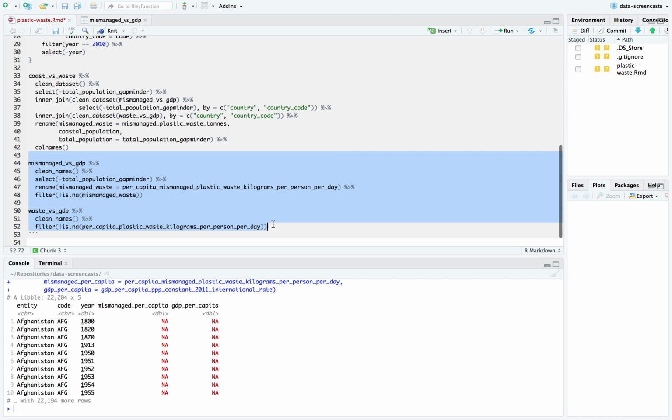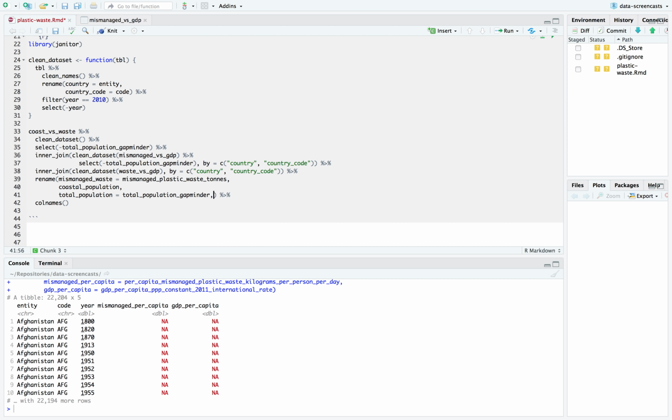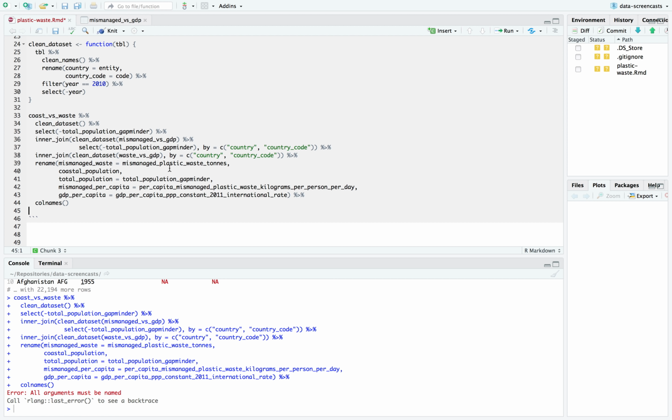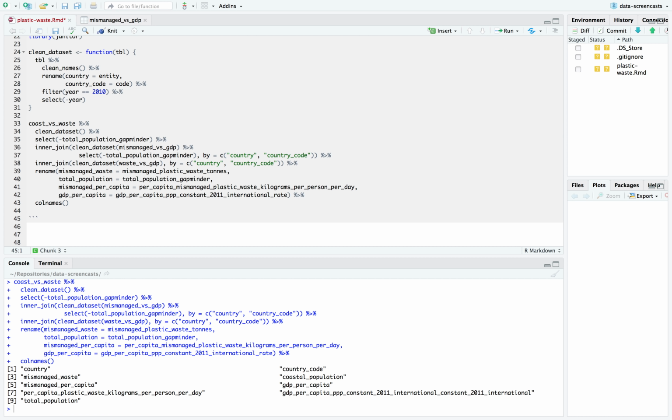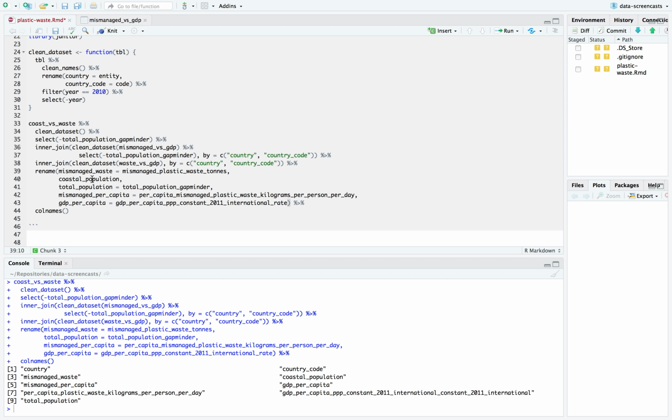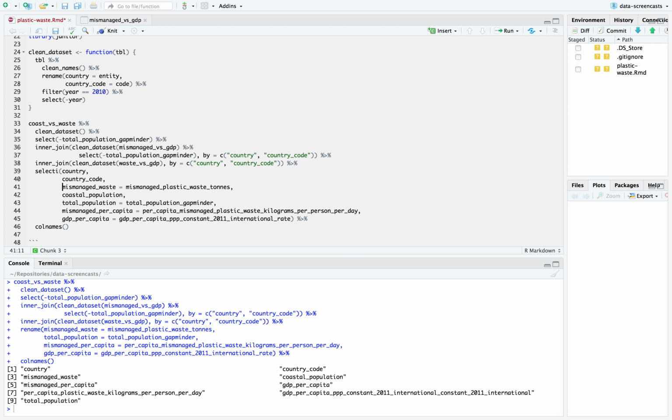I'm going to delete these later. If I need to rename, I don't need to do it. Okay, so I'm still missing a few. Oh, I meant to do a select rather than a rename. Because what I actually am doing here is going to say country code.